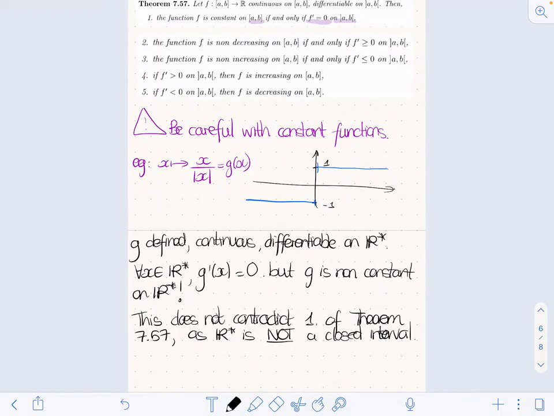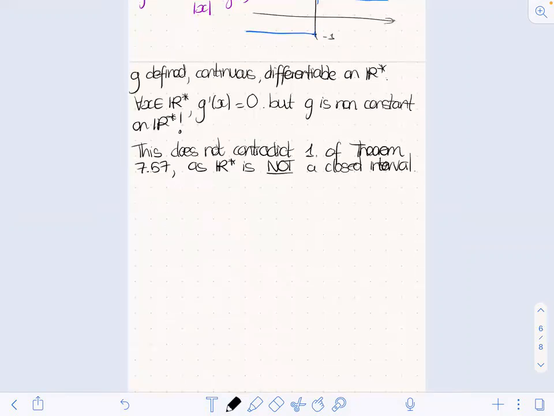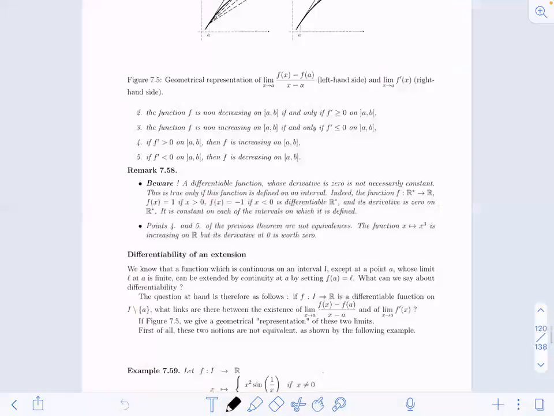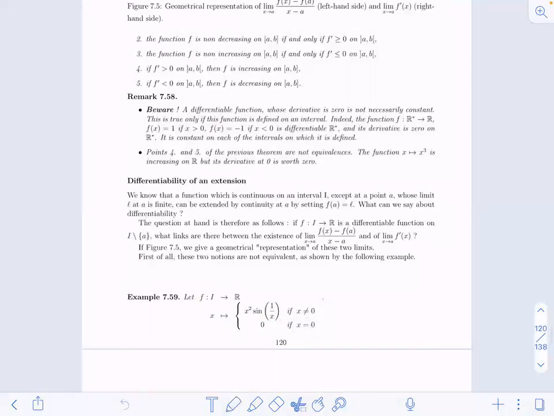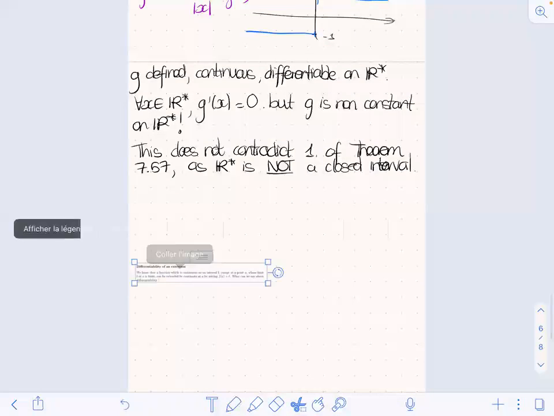One final thing that we can look at now, that I think will illustrate a little at some point, but that's something that you'll build on in subsequent chapters and years, is the differentiability of an extension. So it's something that's in your notes, and it builds on the fact that you can extend a function by continuity.